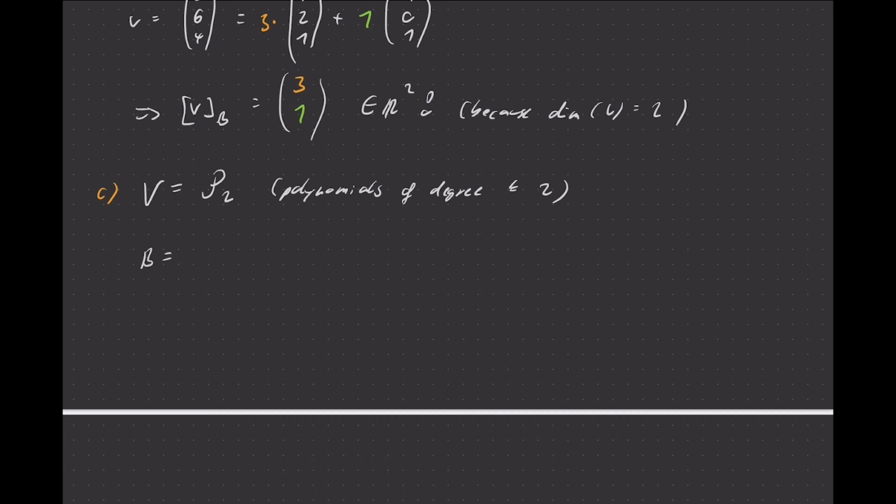One possible basis would be to take the functions 1, x, and x squared. Of course, you can compose any polynomial of degree at most 2 of these 3 building blocks here. So in particular, the dimension of P2 is 3. And we take a vector in P2, and let's say we take the vector 1 minus x squared. It's a very simple one.